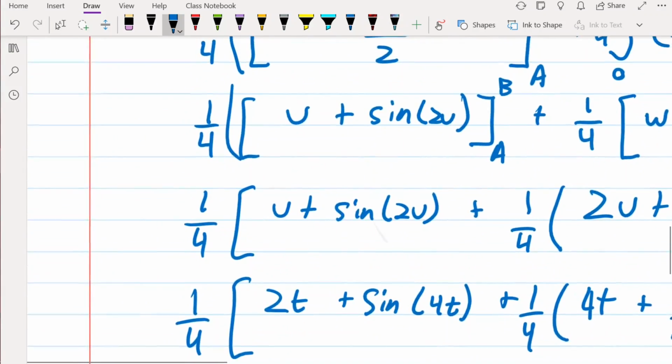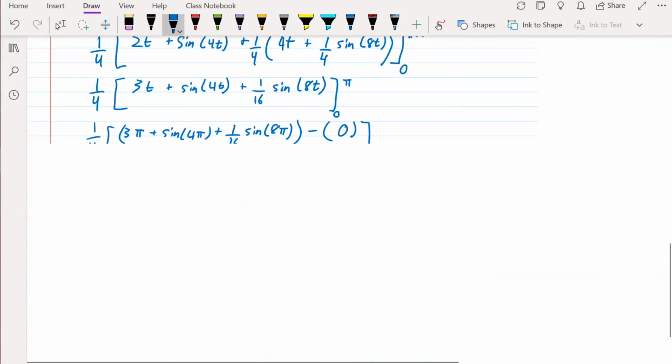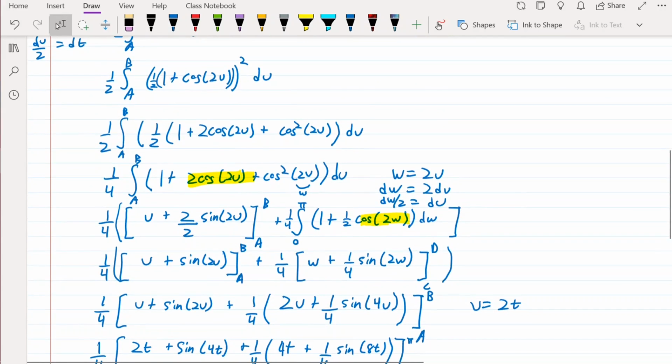Did I forget to bring a 4th down somewhere along the way? Let's see, 1 plus, so we both got this. Oh, except they never did the u's and w's.